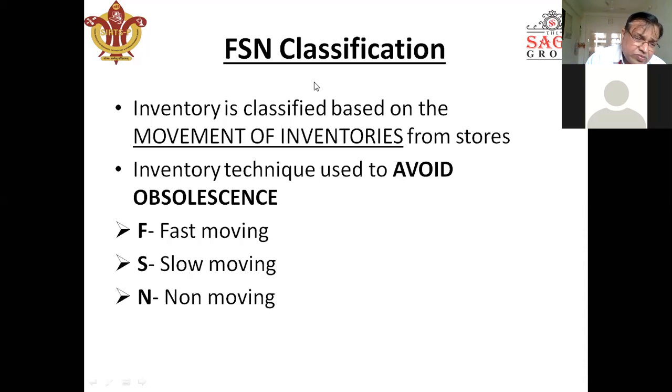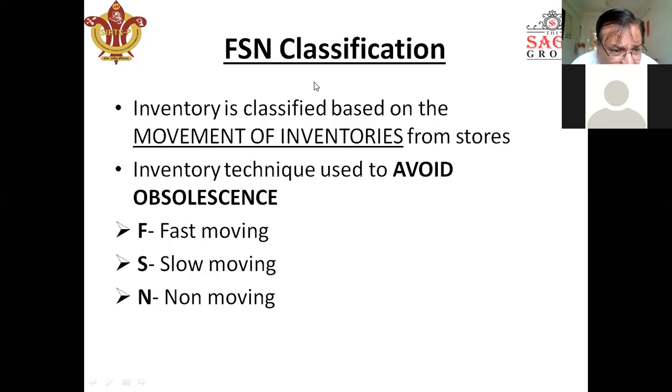You keep the material in your pharmacy or in your medical store in such a manner that you always fulfill the demand of your customer. So you keep this in mind by using FSN classification.